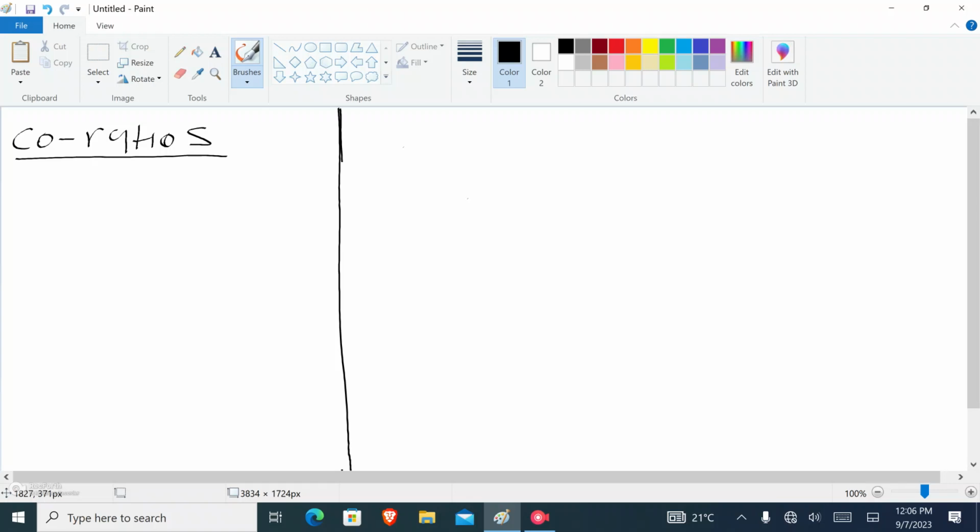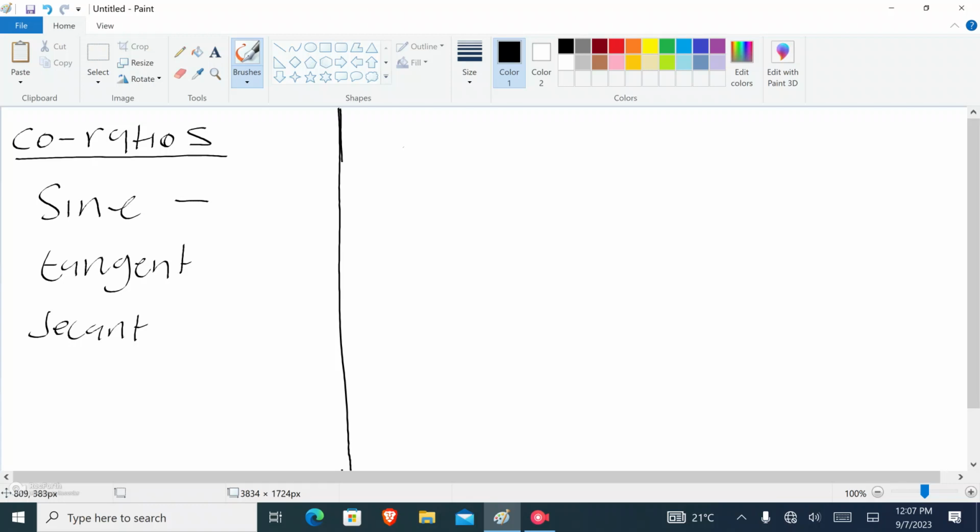Now, we have sine, right? And you also have cotangent, which is known as cot, and tan. We also have secant, which is known as sec. So these are the trigonometric functions that have their co-ratios.